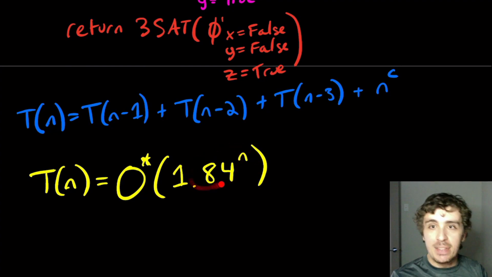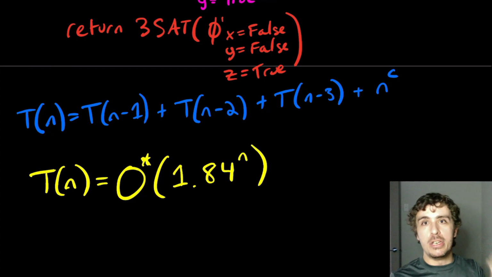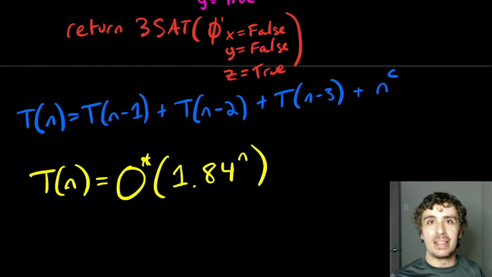We would like to have this down to like 1.0001 to the n or something, but this is significantly better than 2 to the n, way asymptotically smaller. Is this the best that we can do? No, and we're going to see another method to actually reduce this even further next.